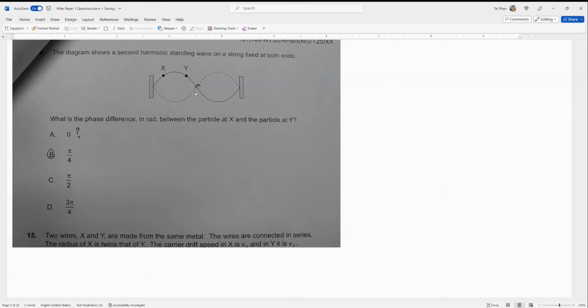The difference between standing wave and the normal wave is that all the points on this standing wave in one packet like this, they oscillate with the same phase. X and Y here are moving down together with the same velocity also because they have the same amplitude. The one in the middle here, the top, later I'll send you a simulation about the standing wave to show that all these points inside one packet have the same phase.